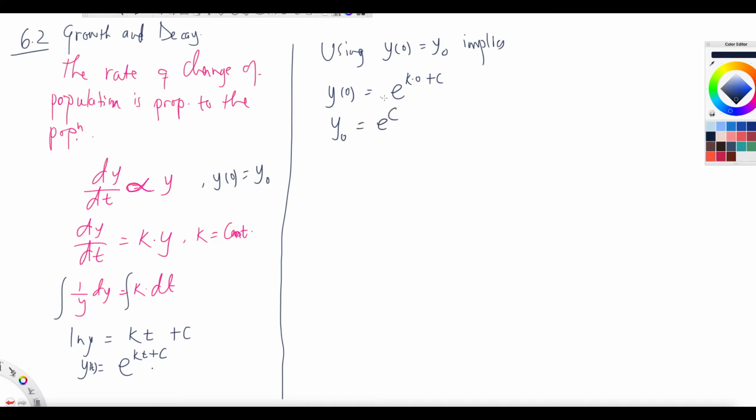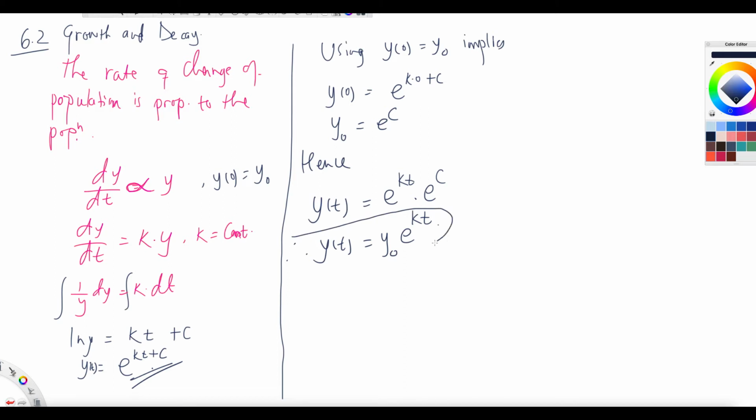Hence, y of t equals e to the kt times e to the c, and e to the c is y0. Therefore, y at t equals y0 e to the kt. This is the solution of that equation.